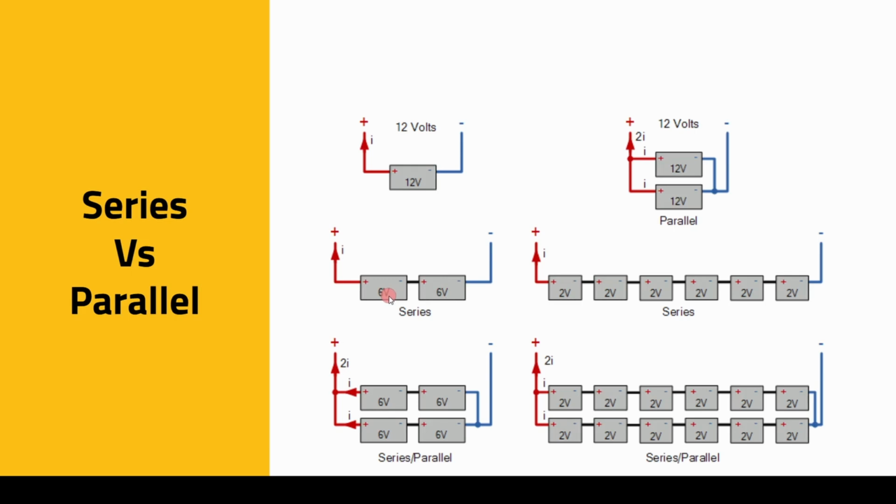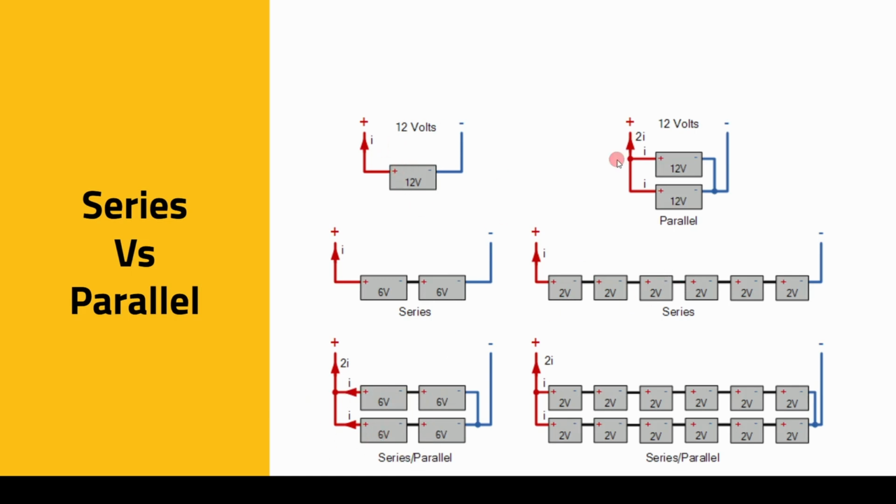And then you can add another 2 6 volt batteries in parallel to the other 2 that you had. So, now you have a combination of a series and parallel circuit, and this allows you to increase the current capacity by adding more elements in parallel and increase the voltage by adding more batteries in series. So you can play around with that and do both.